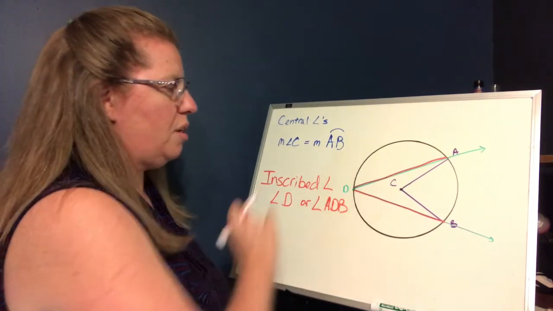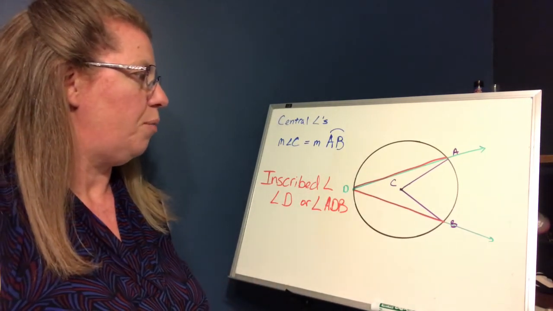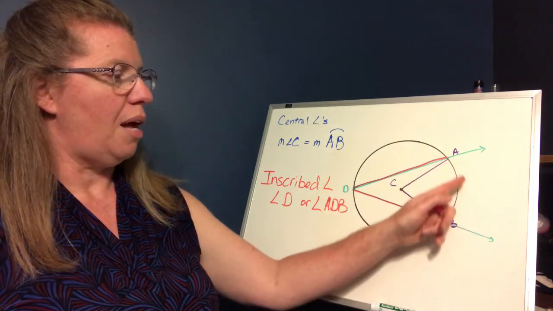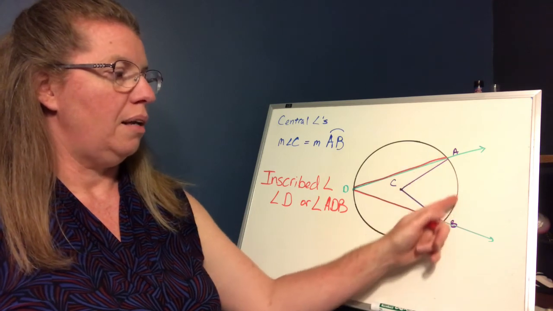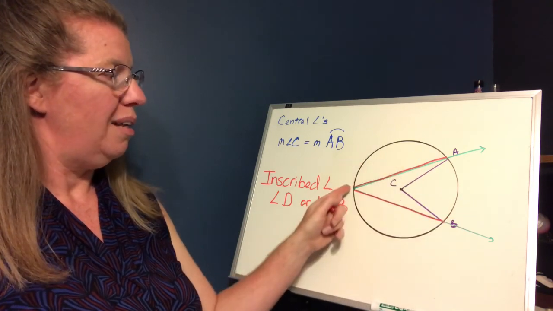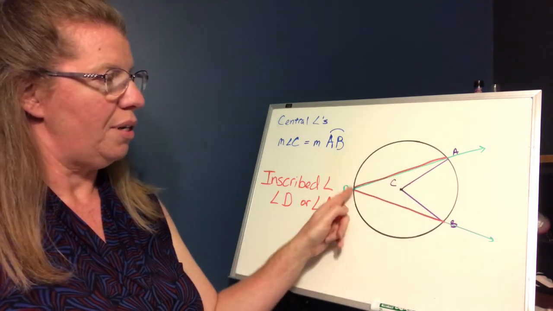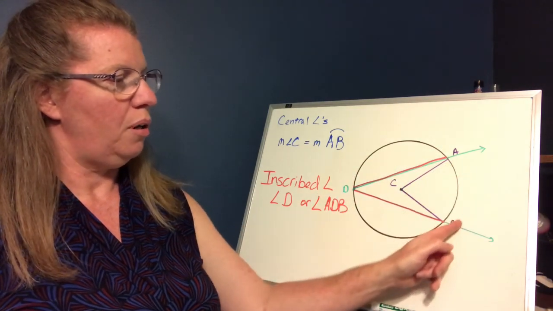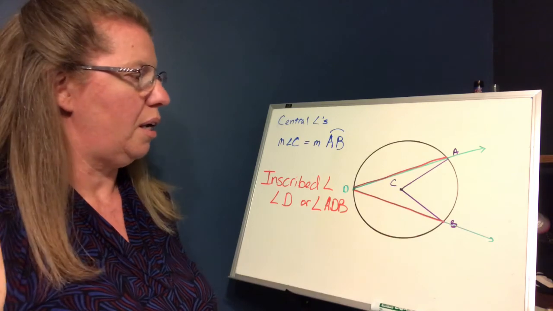There's no other angles at D, so we could just call it angle D. And inscribed angles intercept or create an arc. This is the arc on the outside, but we're really more looking at the minor arc here.